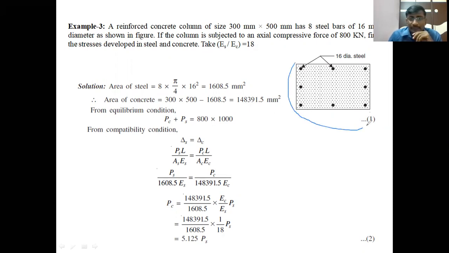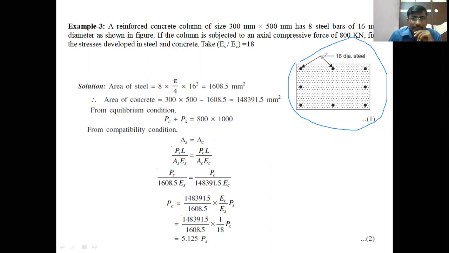The diagram is shown here. This is the concrete column from the top view, having the dimensions 300 and 500 mm. And 8 steel bars are there in the concrete, reinforced, each steel rod with a diameter of 16 mm. Clear?